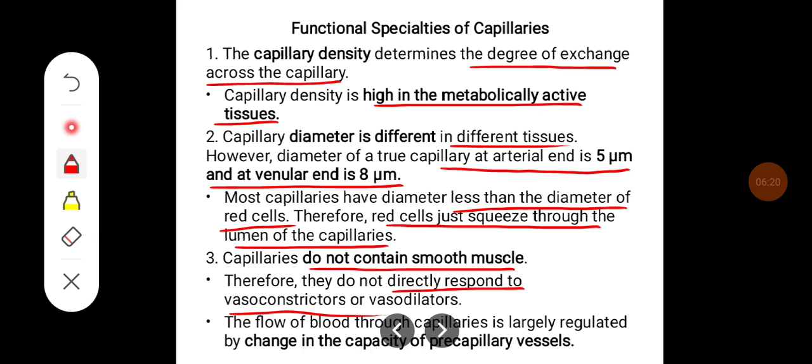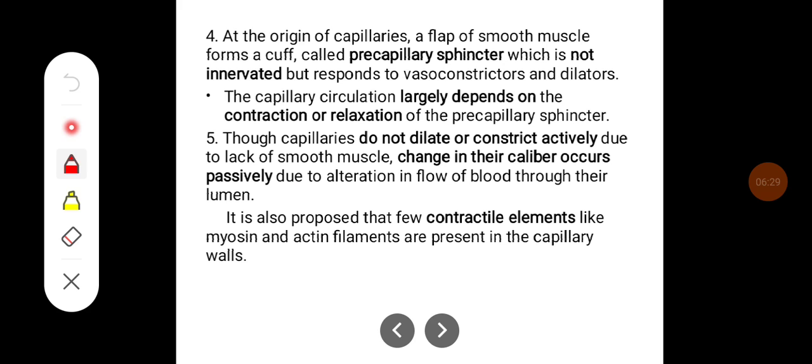The flow of blood through capillaries is largely regulated by the change in the capacity of the precapillary vessels. At the origin of capillaries, a flap of smooth muscle forms a cuff called the precapillary sphincter, which is not innervated but responds to vasoconstrictors and dilators.